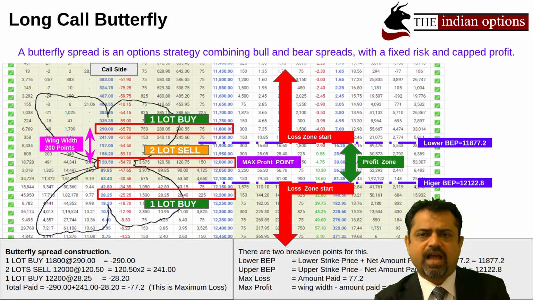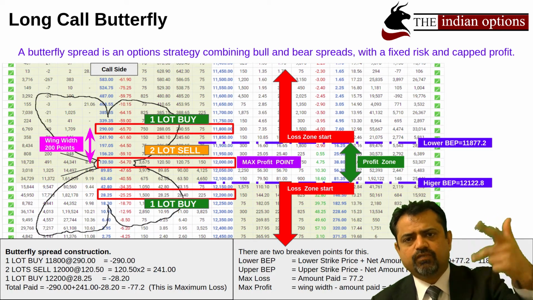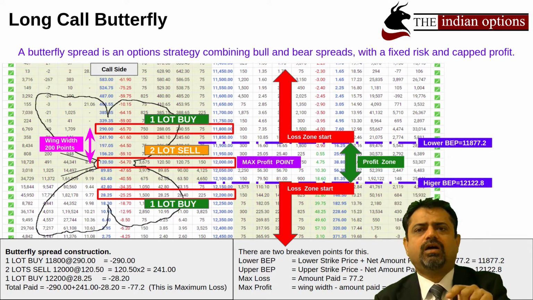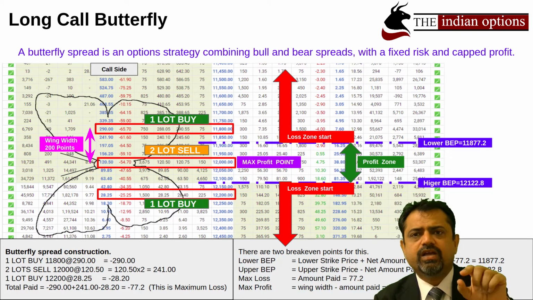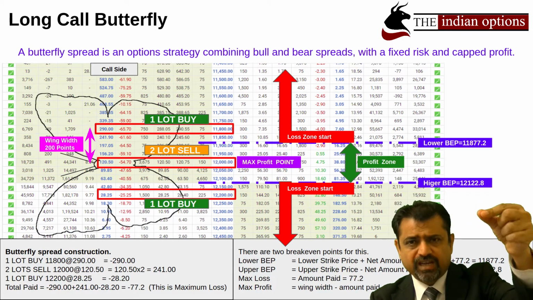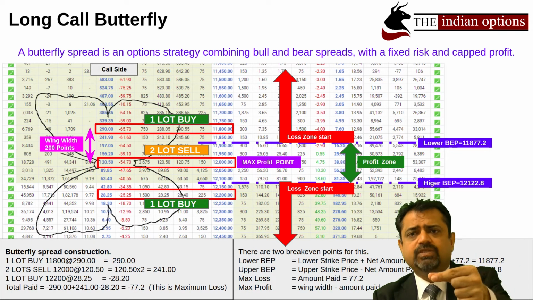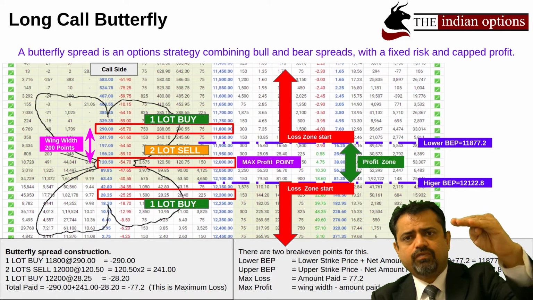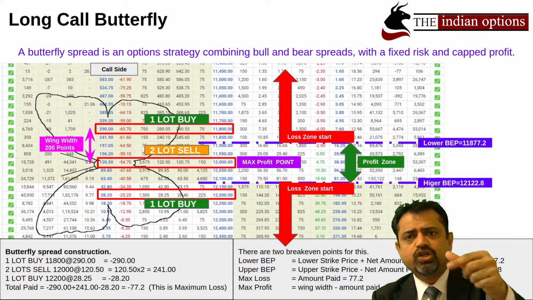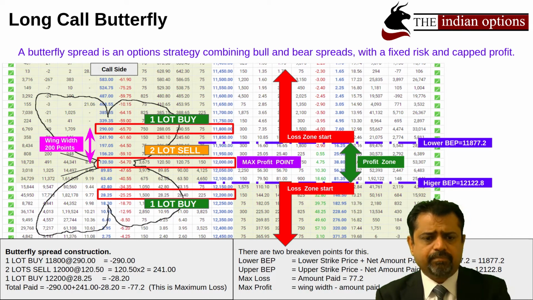Now this butterfly is a three leg strategy, wherein one leg is each of those wings, and the middle part, that is called the body, is double the wing volume, right? So if you are purchasing one volume of one wing, then the middle part should be two times that volume, right? So one lot of left wing, one lot of right wing, then the body should be two lots, something like that.